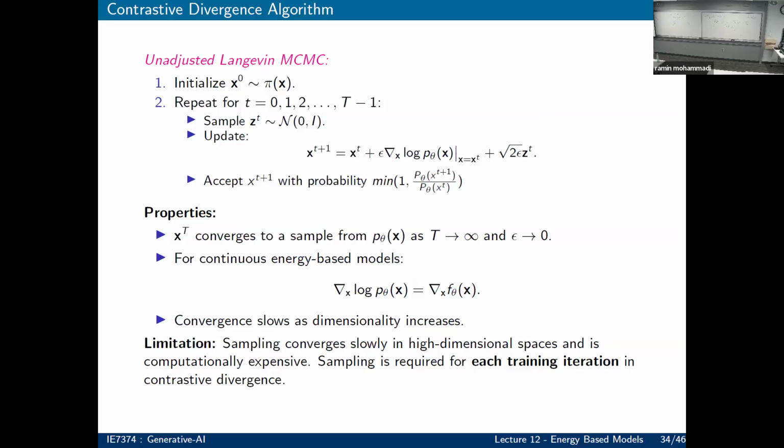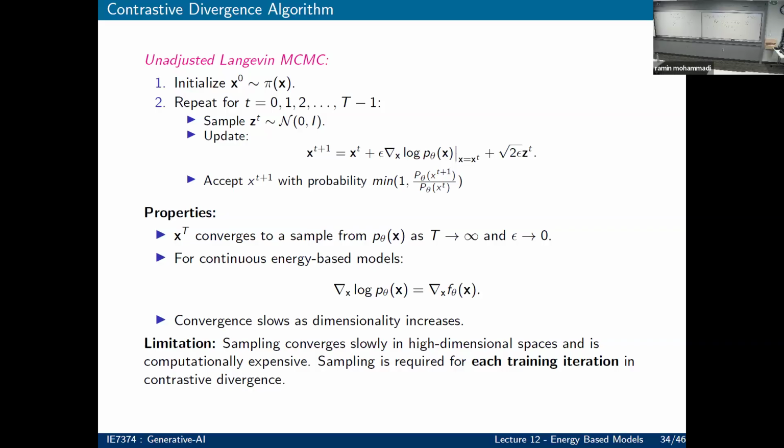You generate a random Gaussian value, Z. Then you update your perturbed data as the previous version of it plus this term. Here Z is just Gaussian, and epsilon is a hyperparameter that you are adding. Then you accept this perturbed version with this probability. That's Langevin MCMC.